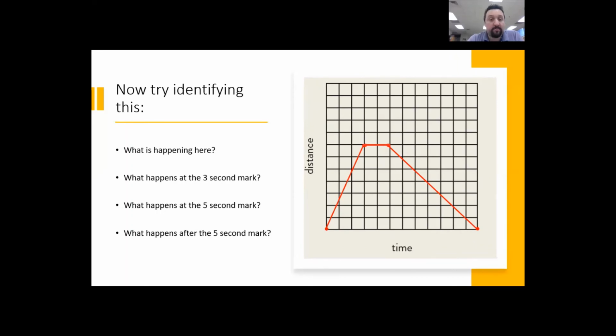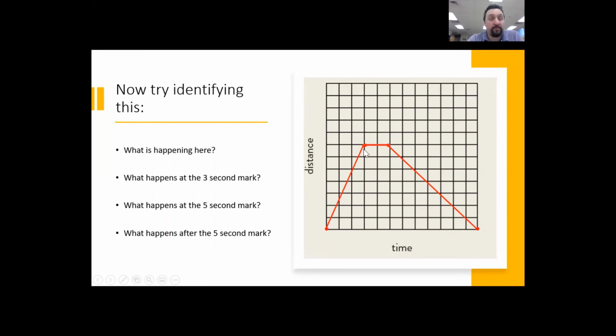Take a moment, look over the graph. Please be able to describe what happens at the 3-second mark, the 5-second mark, and after the 5-second mark. All right. Again, we start at the origin, and it goes forward at a steady velocity until we reach the 3-second mark.